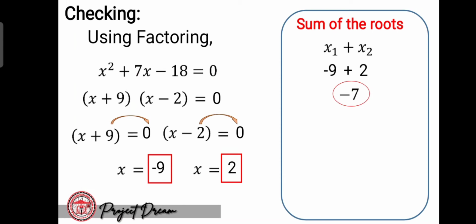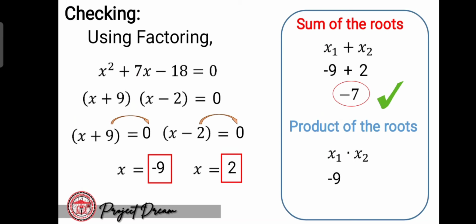As you can see, it is the same with our answer. While the product of the roots, which is x sub 1 times x sub 2, we substitute, we have negative 9 times 2, it becomes negative 18. So it is the same also.